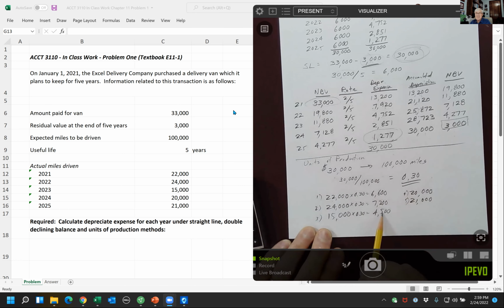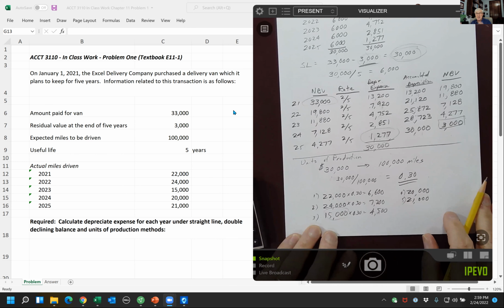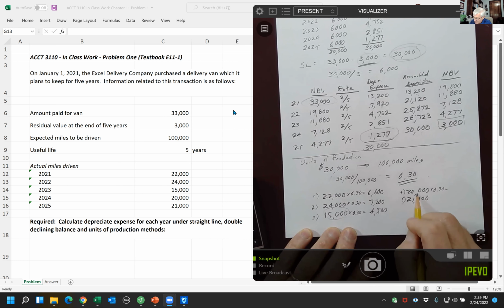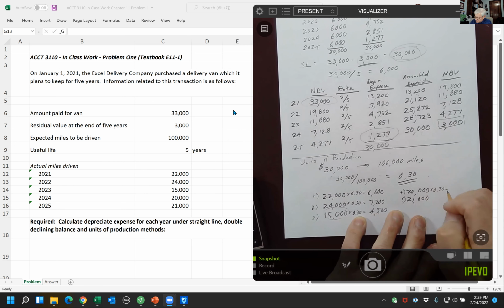We expense it less. I do love this method. And as I said in my last lecture, in the lecture for this chapter, the problem is trying to capture all this data for all of our assets in a very large corporation. That would be a challenge. But man, what a good method to use. 20,000 times 30 cents, 6,000.